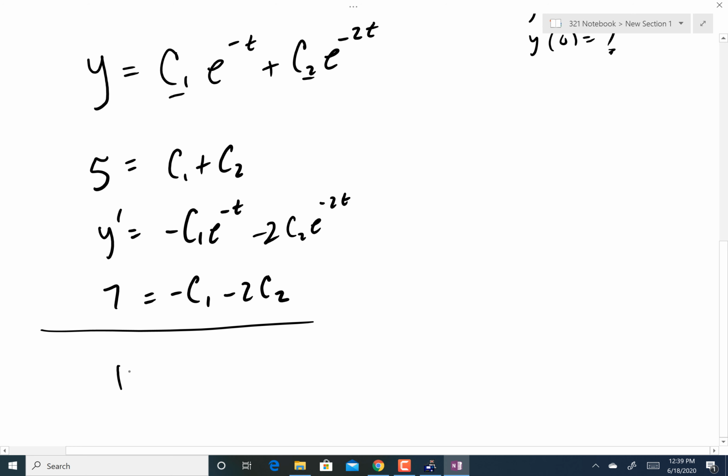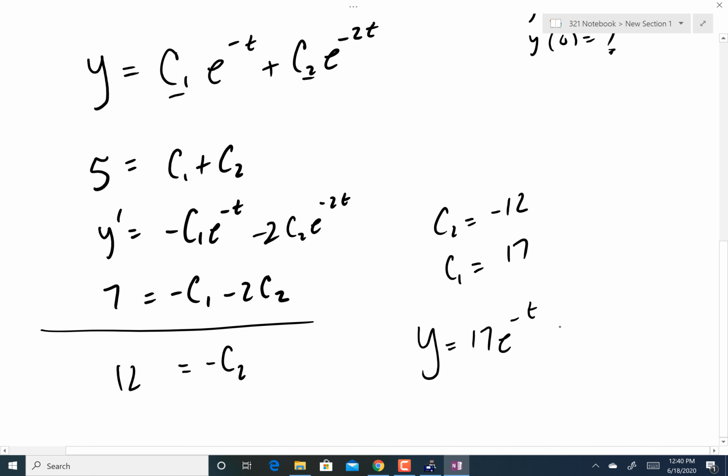If you add, the c1s go away, and you get 12 equals -c2, which means c2 is -12, and c1 then must be 17. So my equation is y equals 17 e to the -t plus -12 e to the -2t.